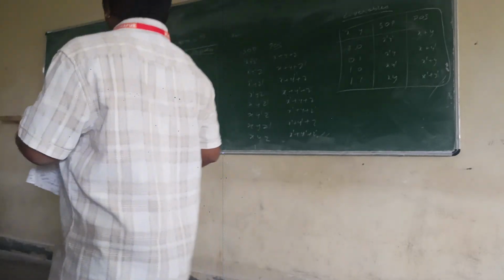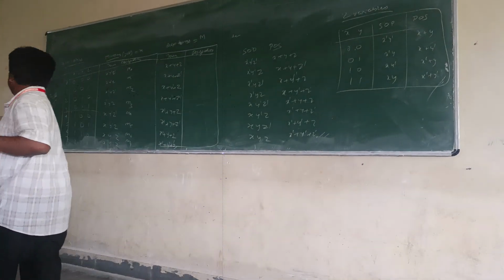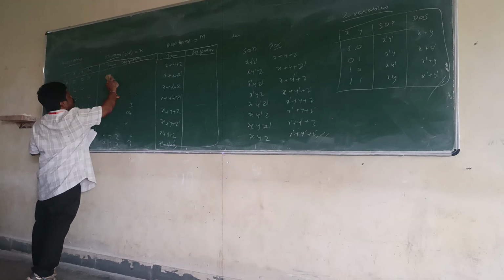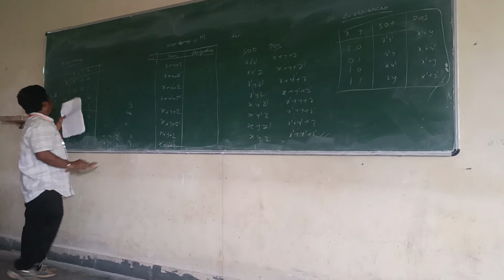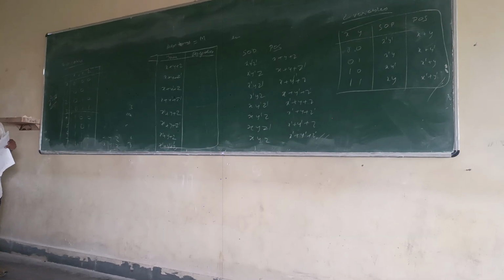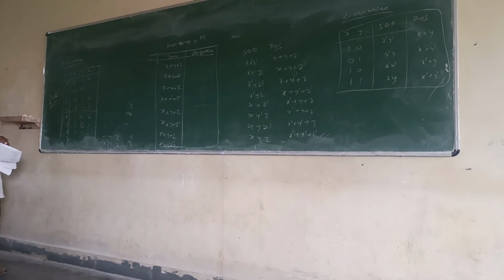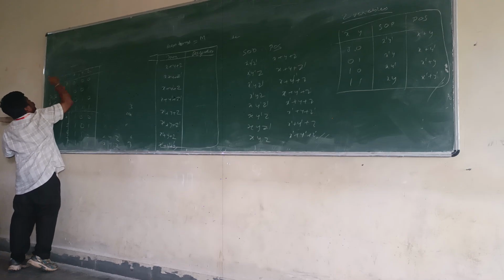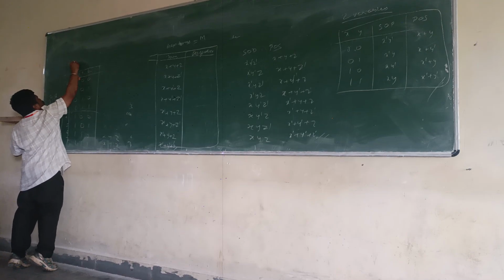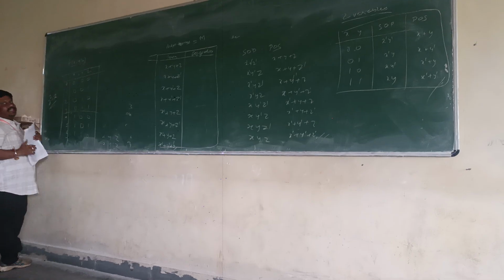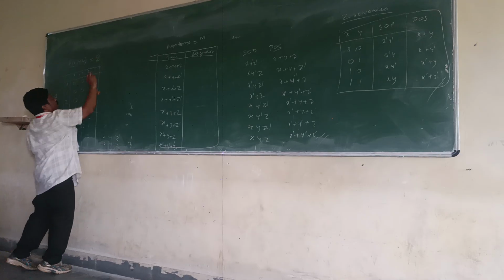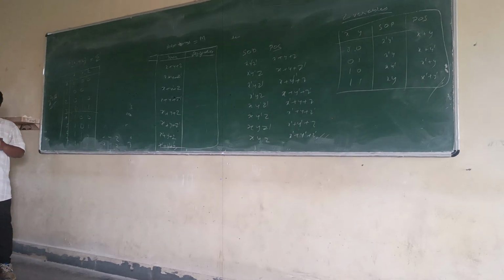Now I will be considering the function. I am just changing the terms here, the variables with the terms. I am taking the function as f of x y z, and writing it in summation form, the SOP form.